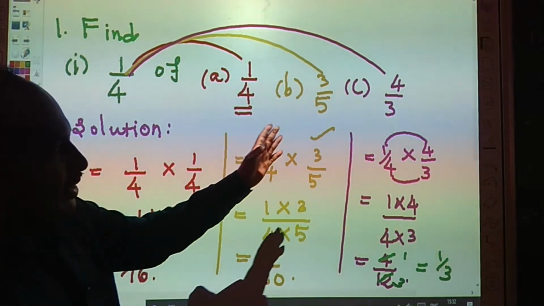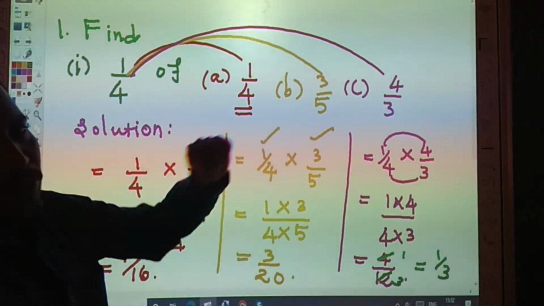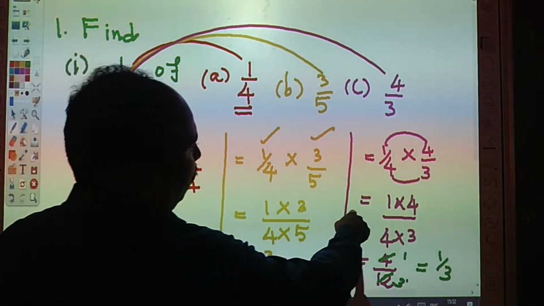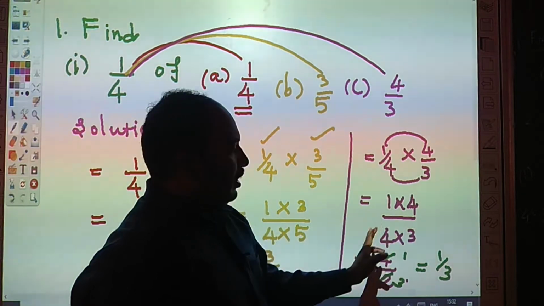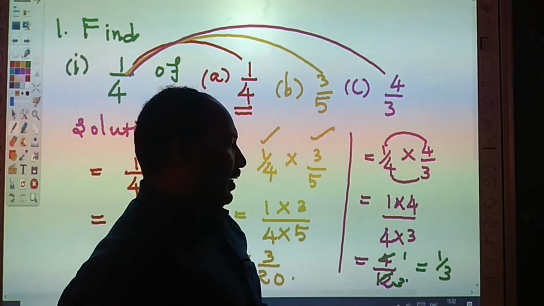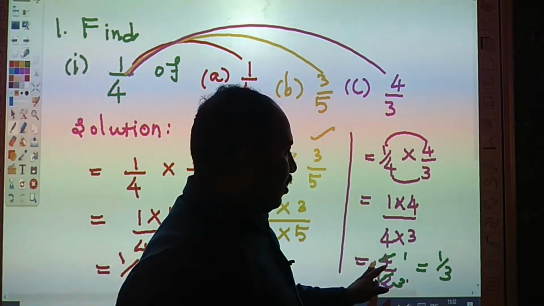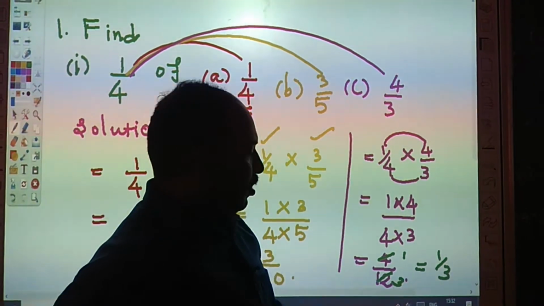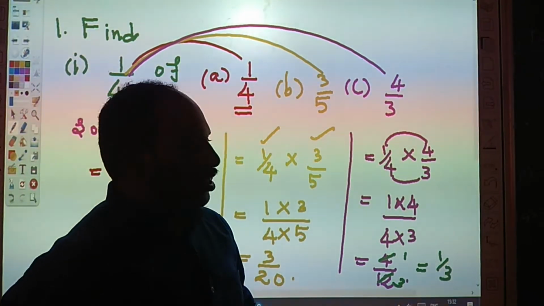The next one, C part, 4/3. So 1/4 into 4/3. 1 into 4 divided by 4 into 3. 1 into 4 is equal to 4, divided by 4 into 3, which is 12. We take the fourth table: 1 fours are 4, 3 fours are 12.